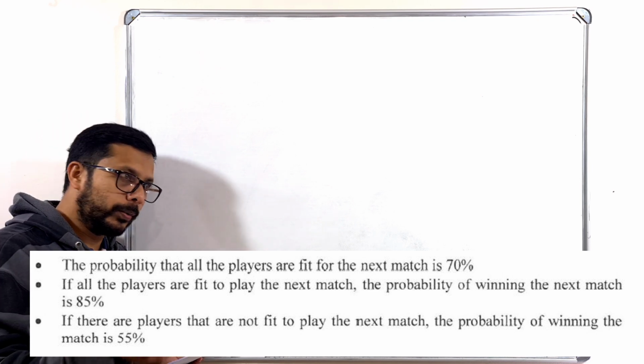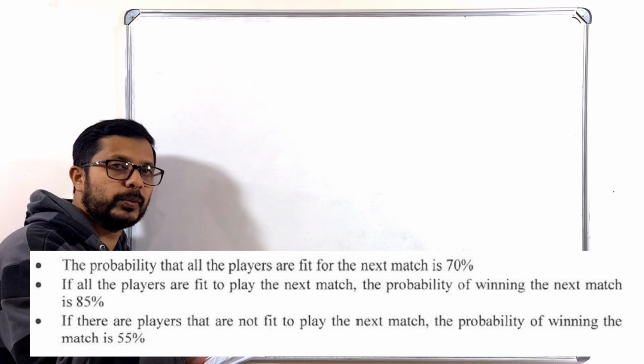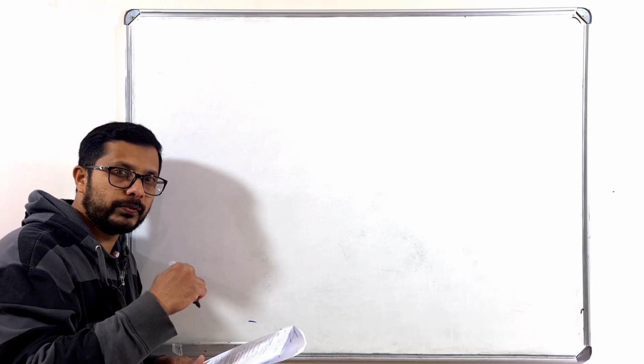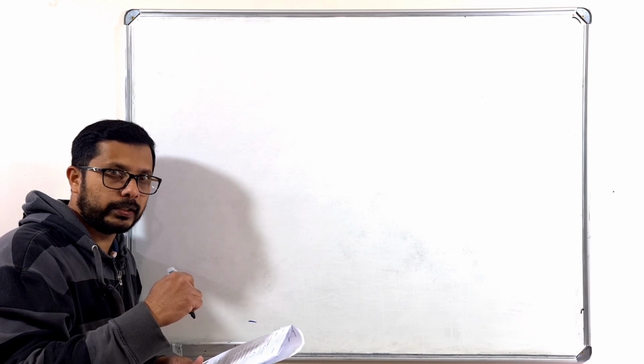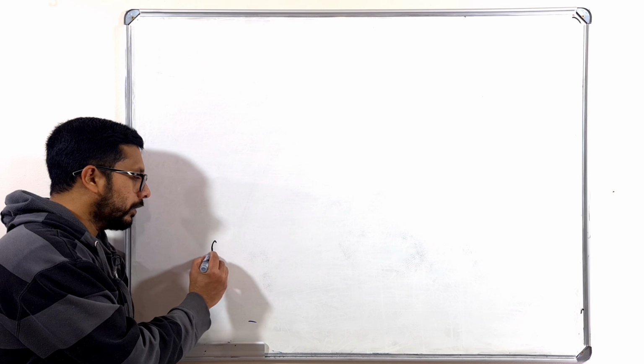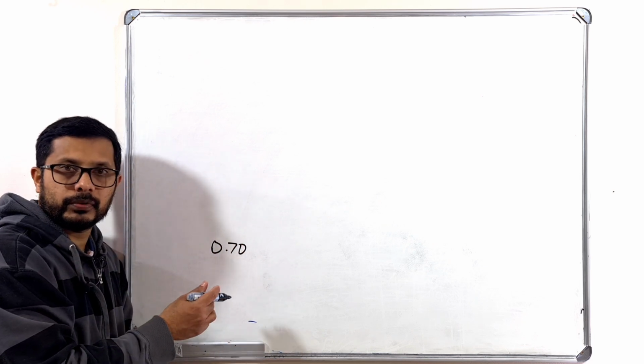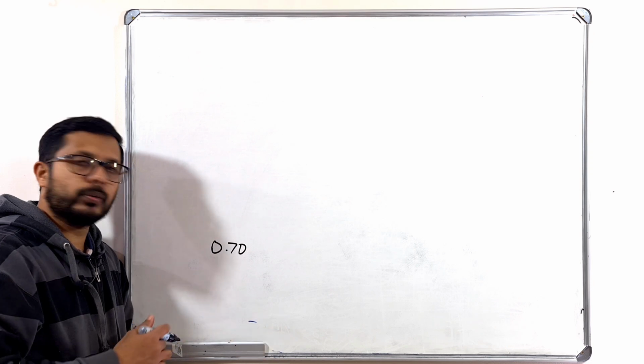So if the probability that all the players are fit is 70%, then not fit is the remaining 30%. Am I right? The 70% is the same as 0.7, or 0.70. So it is enough to write 0.7.